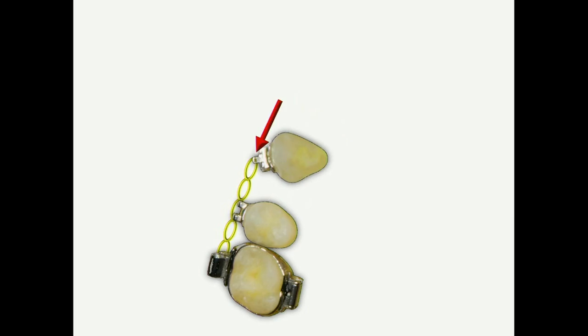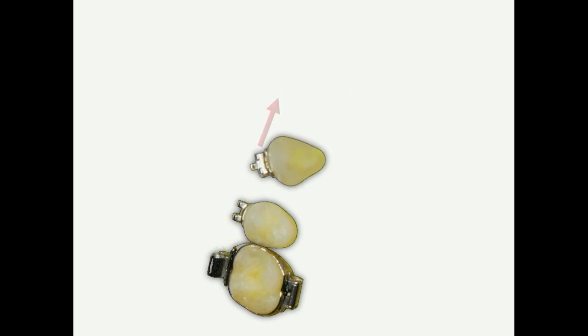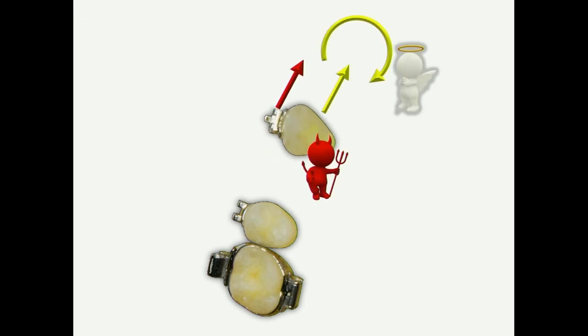On the other hand, if the canine is rotated in the opposite direction like this, the direction of force produced is correct, but the moment is operating in undesirable direction, and this is called inconsistent force system. If we change the direction of force to eliminate inconsistency, the moment might work in the correct direction, but the force is working in the wrong direction.